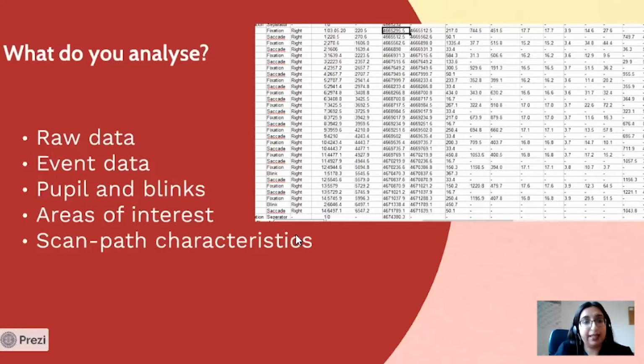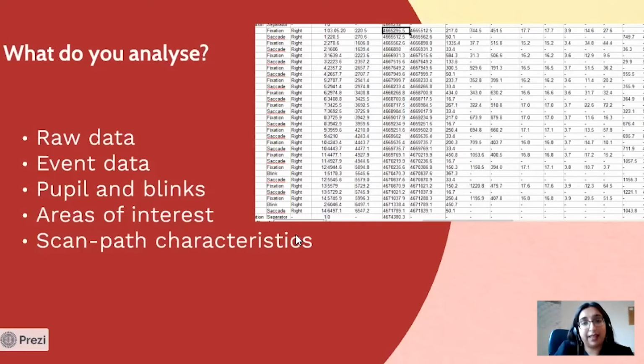And finally, you can have scan path characteristics. So the entire video I showed you of fixations and saccades moving, the circles and the lines connecting them, that together is called a scan path.